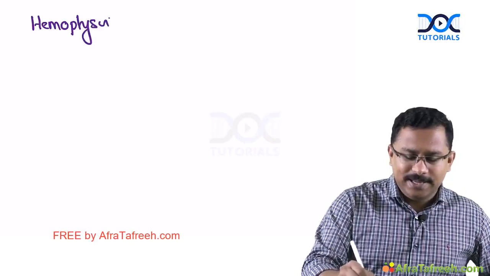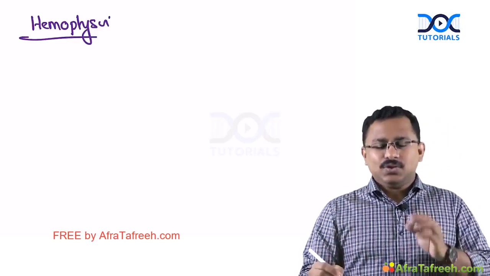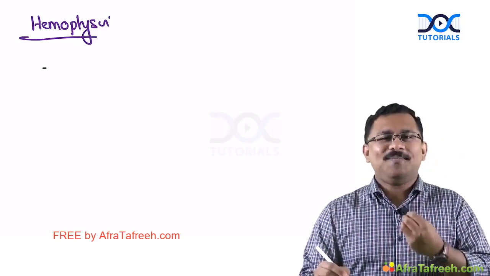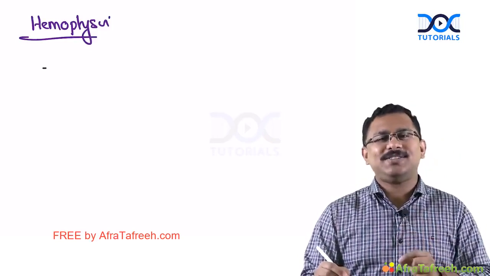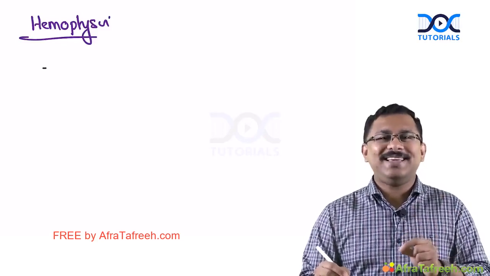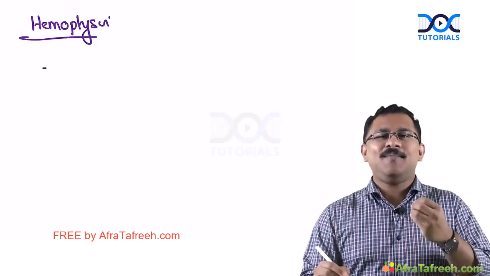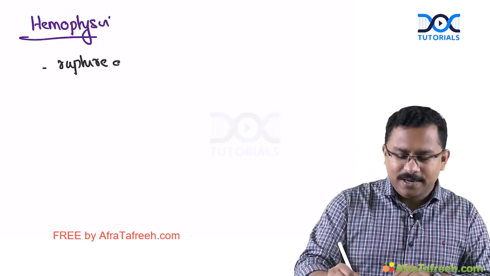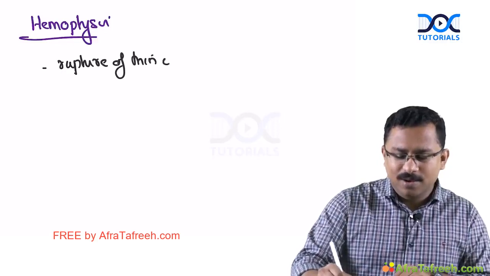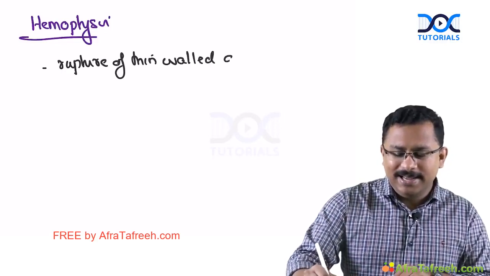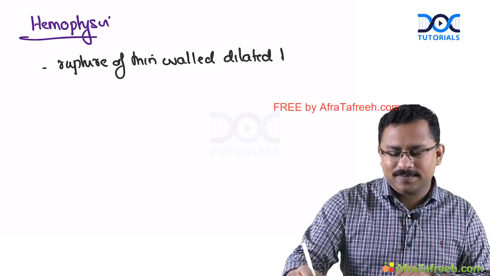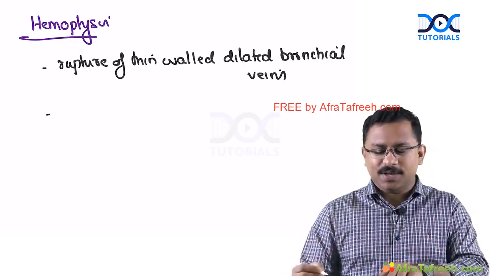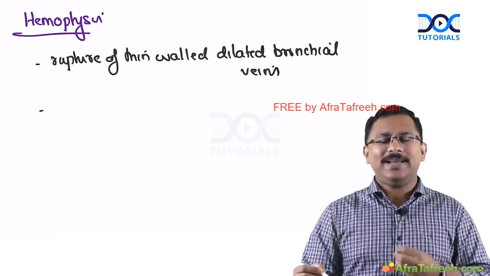About hemoptysis: hemoptysis in mitral stenosis occurs because of the rupture of thin-walled dilated bronchial veins.